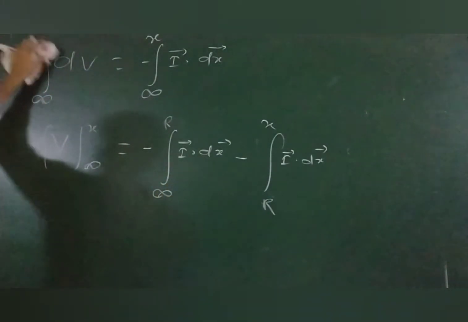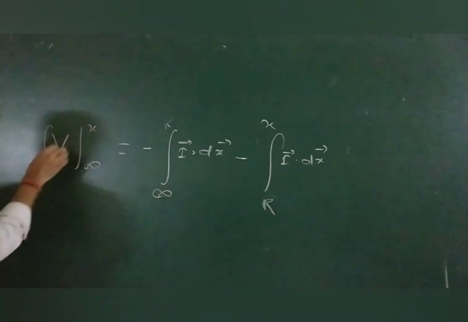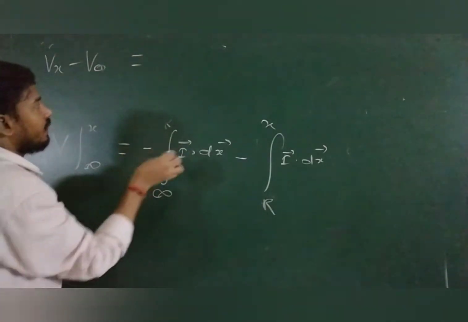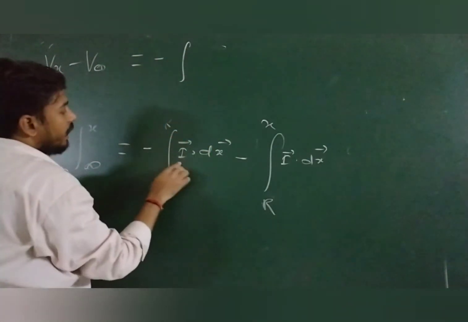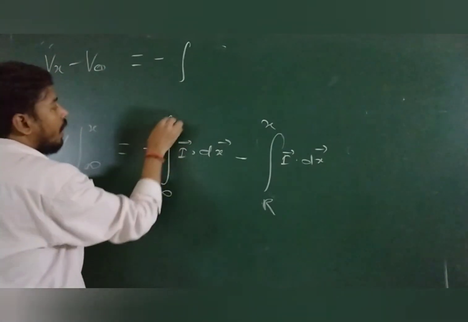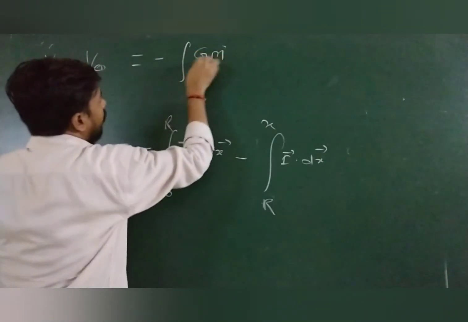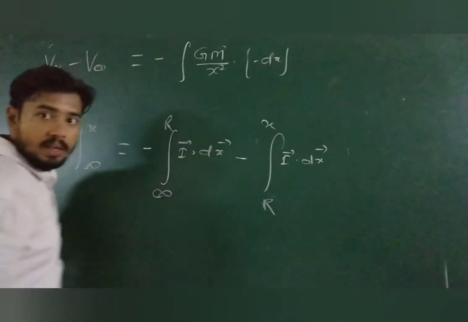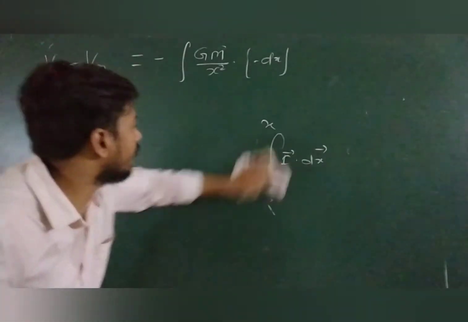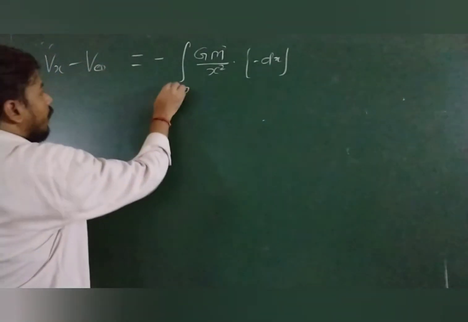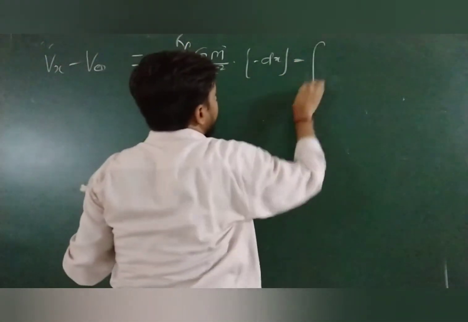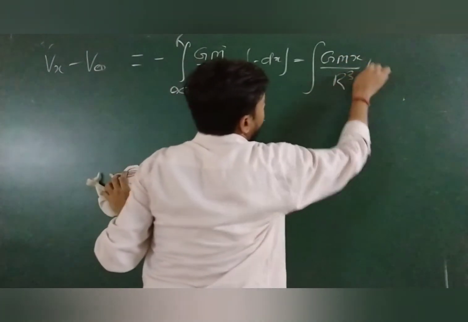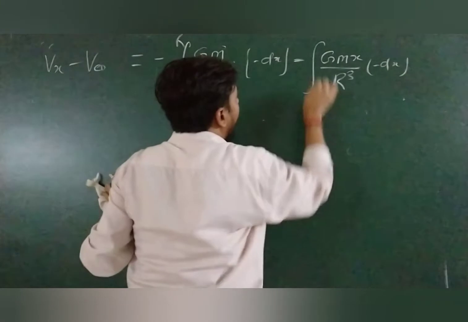So simply I can write Vx minus V infinity is equal to minus, for outside, because we are talking about outside, GM by x square, and dx is basically minus dx, with limits infinity to r. Second is minus, again, the inside field intensity, GMx by r cube into minus dx, with limits r to x.